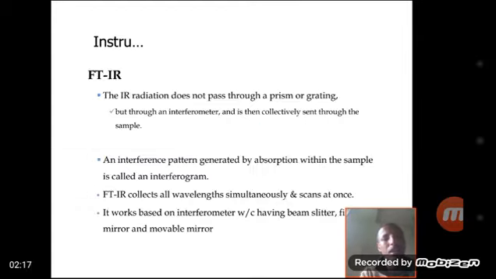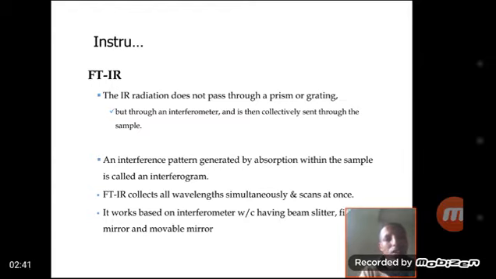scanning. The other is the Fourier transform IR spectrophotometer. The IR radiation does not pass through the prism, the grating or the monochromator, but passes through the interferometer and is then sent through the sample.